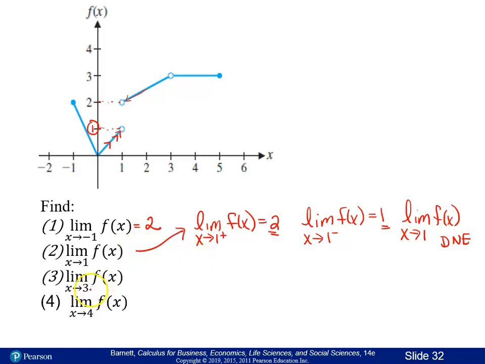All right, if we're looking at the limit as we approach 3, the limit from the left side, if I'm coming in to 3 from the left, then that's going to be here at 3. And if I approach 3 from the right, it's going to be 3.